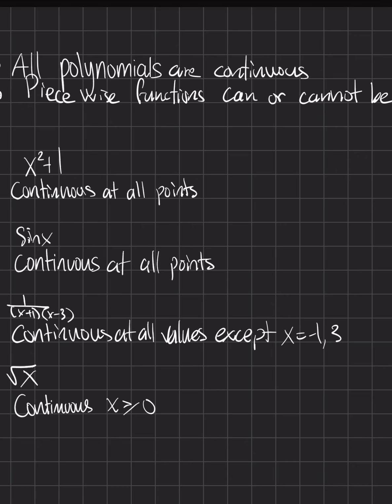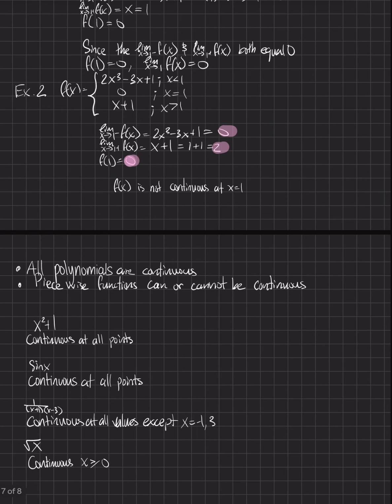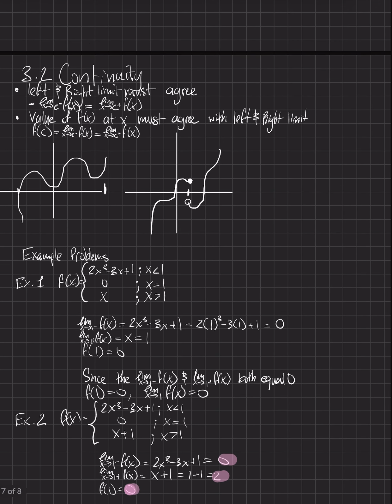But we can also plug in 0 into the square root function and get 0. And all positive numbers we plug in, we're going to get some type of value, be it decimal or whole number. We're still going to get a value, which means that you could draw the square root function without picking up your pen.